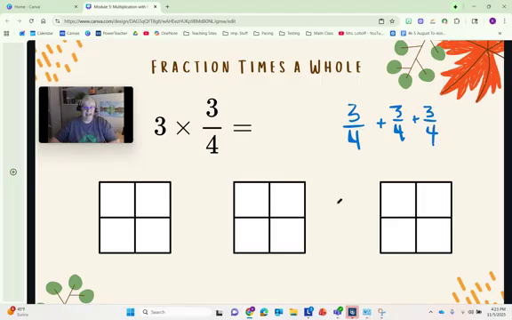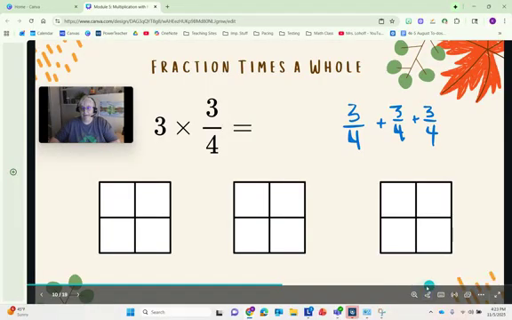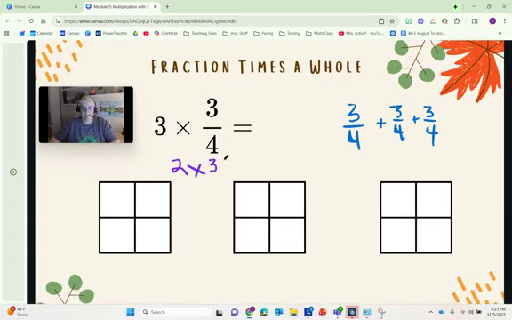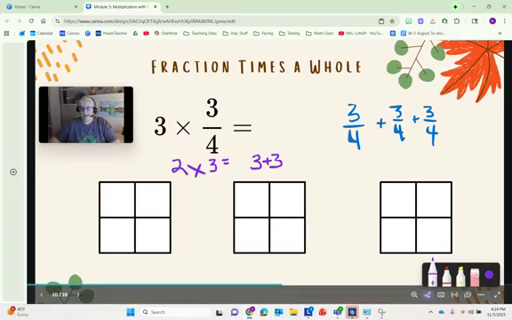Just like, say we had a math problem of 2 times 3, that would be the same as 3 plus 3, 2 groups of 3. So 3 times 3/4 means we have 3 groups of 3/4.